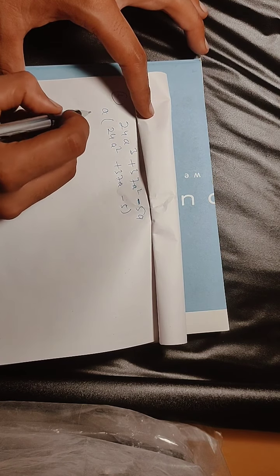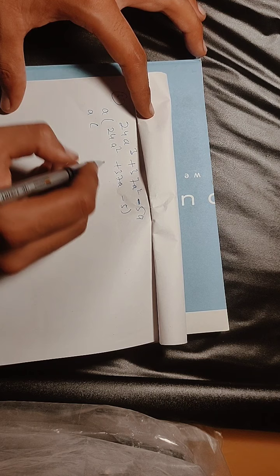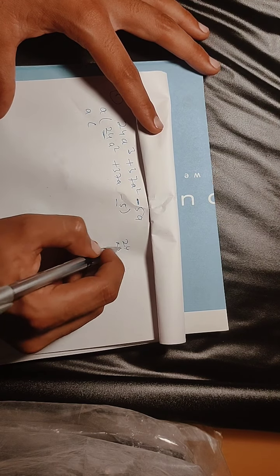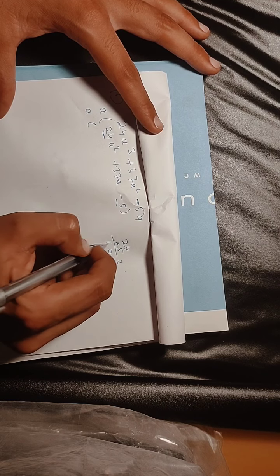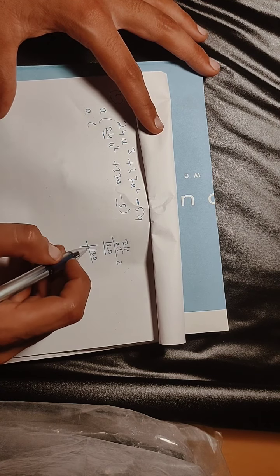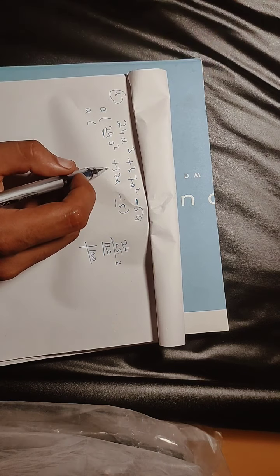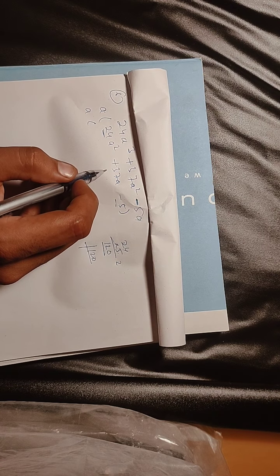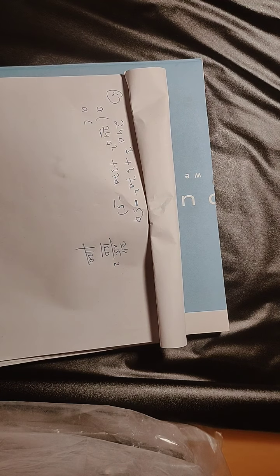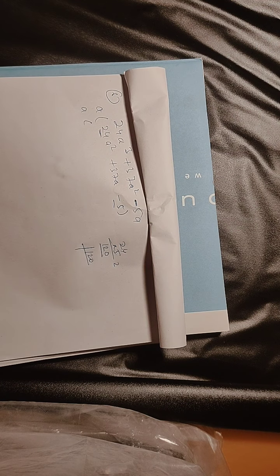Then again, 24 into 5 is 120. Then for 120 you will take the LCM in such a way that whether you do plus or minus, you have to get 37 as your number.